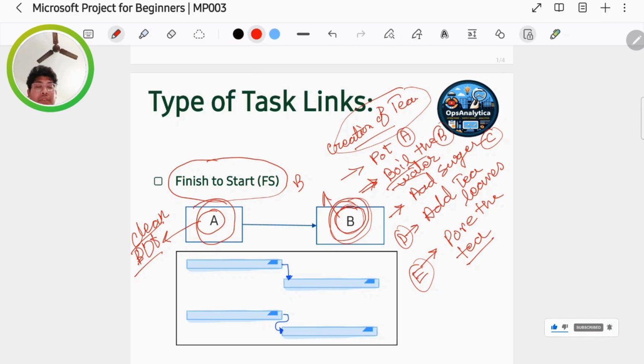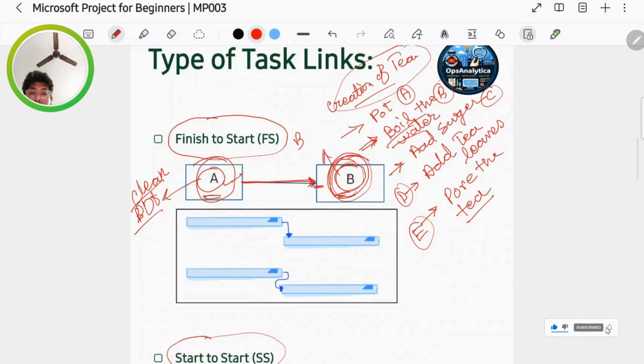Once we finish cleaning the pot, then only we can pour the water and boil it. So activity A should complete first, then only activity B can start. In Microsoft Project or in project management, we mention it by giving an arrow on this side. That means A and B are connected, and the arrow tells us that once A is done, then only B can start.